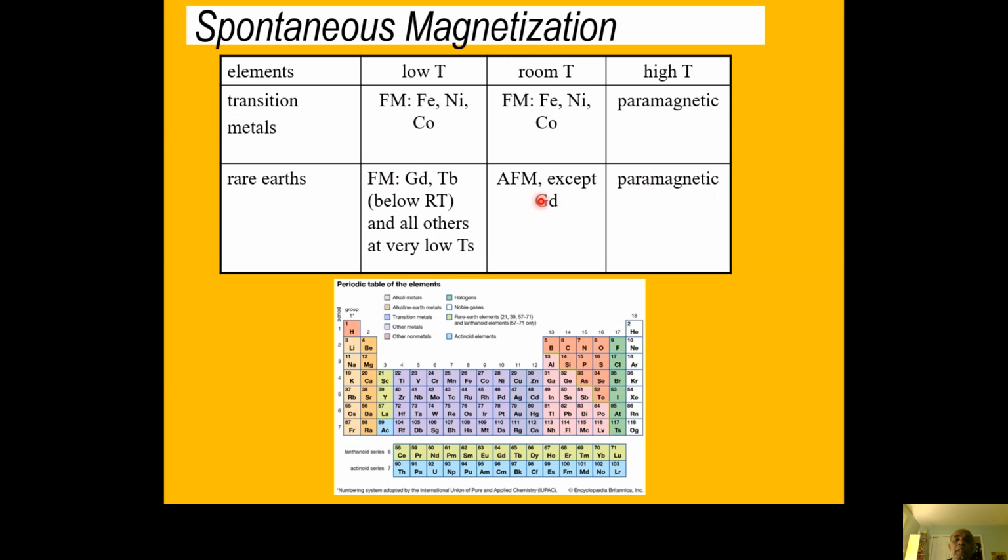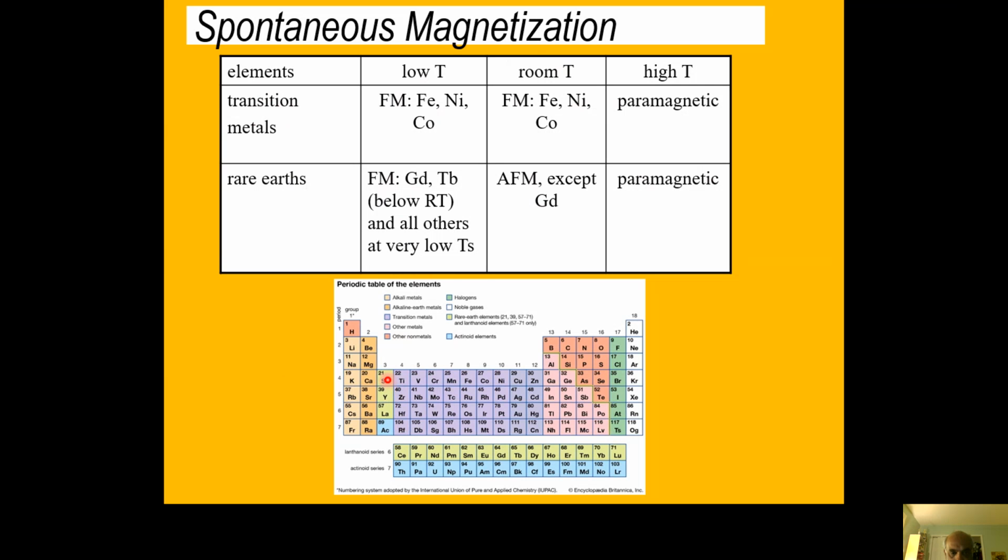For antiferromagnets, we have a special temperature called the Néel temperature. Above the Néel temperature, they lose that permanent magnetization, so they are no longer ferromagnetic or antiferromagnetic. Typically transition metals are in this range here: titanium, vanadium, chromium, manganese, this region is mostly the transition metals.